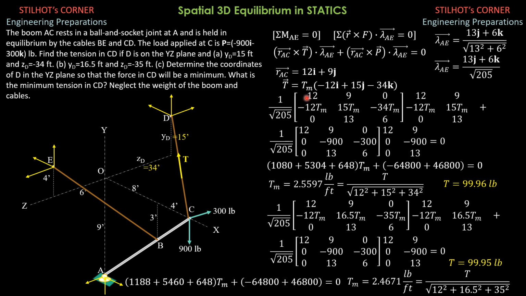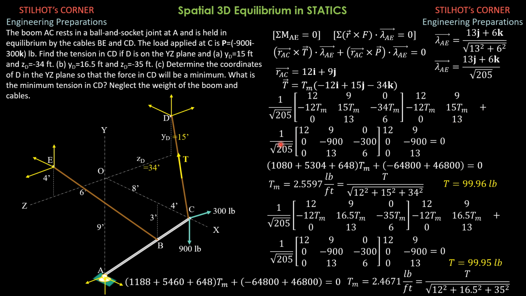And we have for RAC, 12i plus 9j, so 12, 9, 0. For the components of the tension, we have negative 12 T sub n, positive 15 T sub n, then negative 34 T sub n. Then we have 1 over square root of 205 for the axis, 0, 13, 6. Then copy the elements of the first two columns.